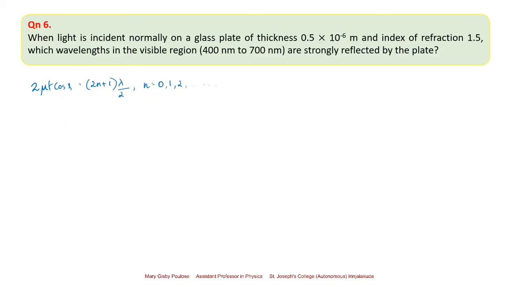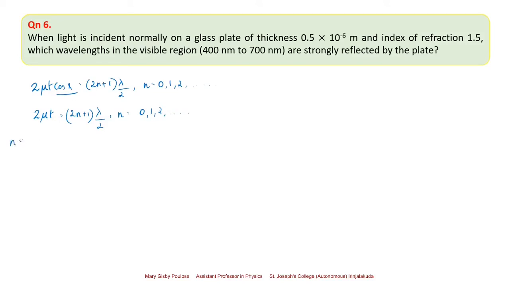Since light is falling normally, cos r will be equal to 1. Hence, the expression becomes 2 mu t is equal to 2n plus 1 into lambda by 2, where n has values 0, 1, 2, 3, etc. Now let us give the values of n for each case.